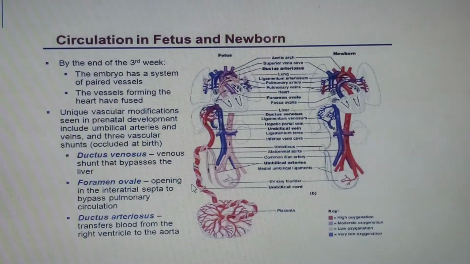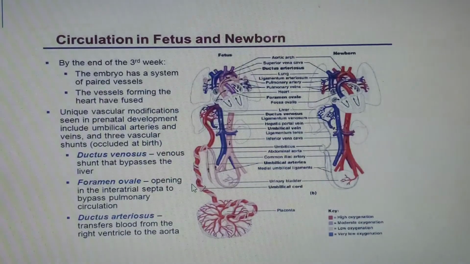But remember, we've already said that in fetal circulation the lungs are not functioning very well, so we have to do everything to bypass the lungs.